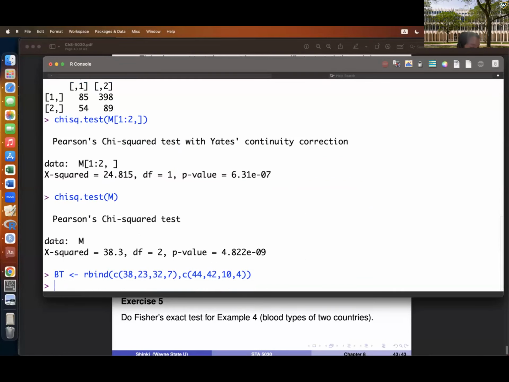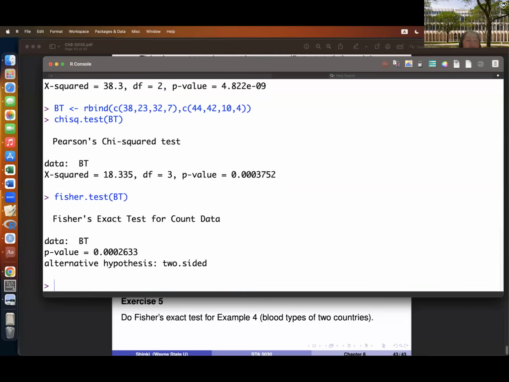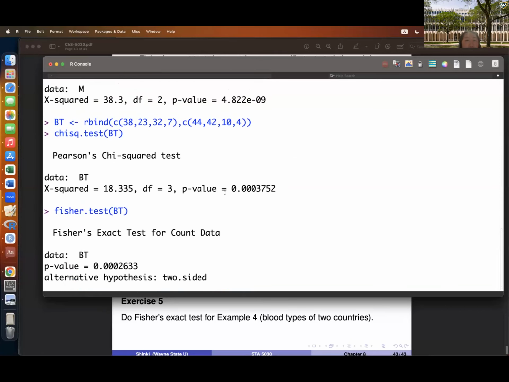I think this is the case where we wonder whether we should use the chi-square test or Fisher's exact test. Just one cell is slightly smaller than 5. The chi-square test result is very significant, and for the Fisher test we got a similar result: 0.00037 and 0.00026.